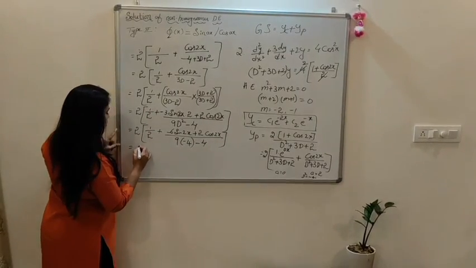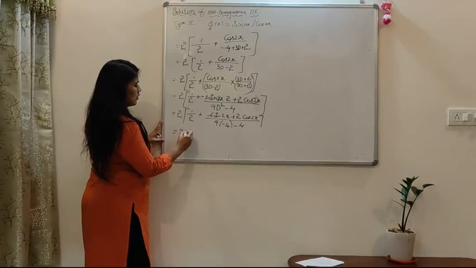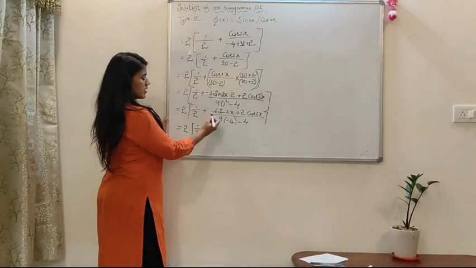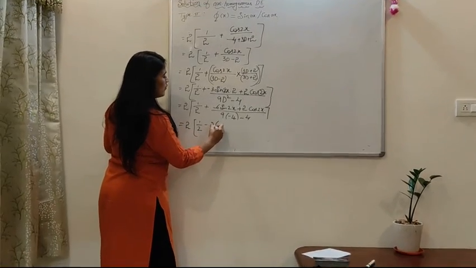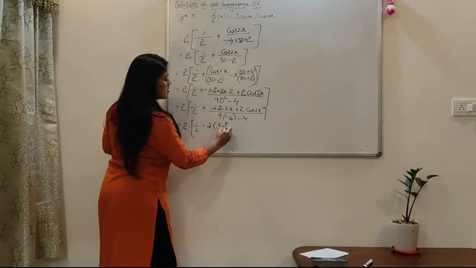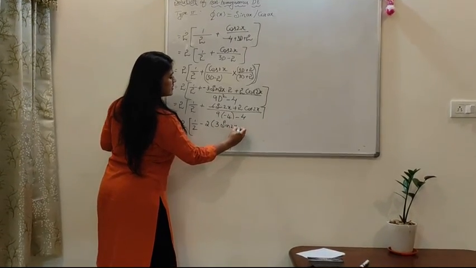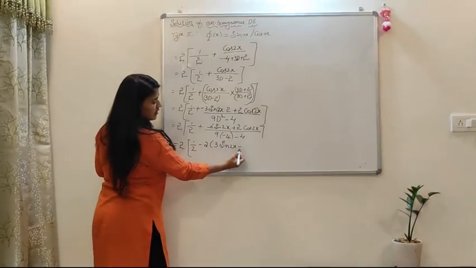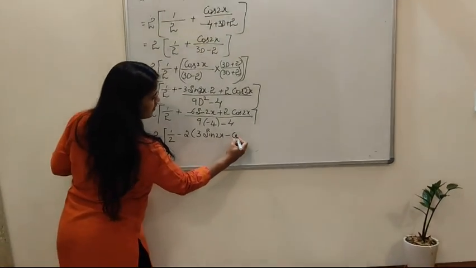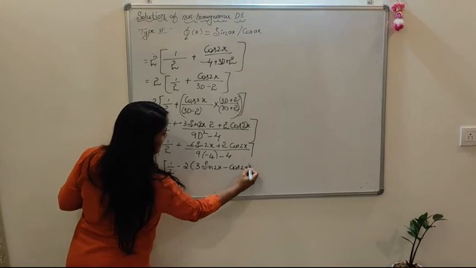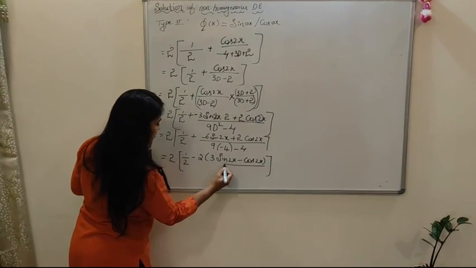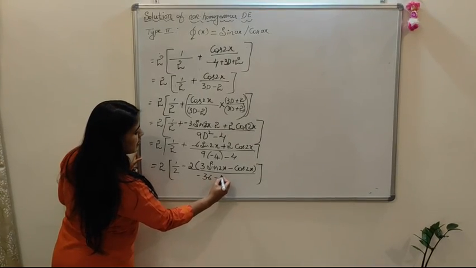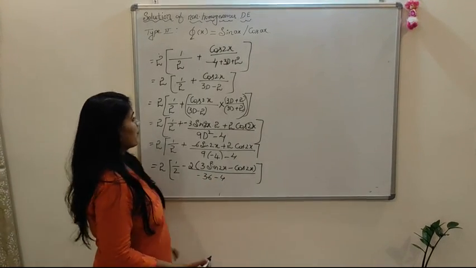So which is equal to, okay, next 2 of 1 by 2, minus is taken outside. So 2 of 3 is 6 sin 2x minus, because minus is taken outside, that's what here negative. So minus cos 2x of divided by 36, minus 36 minus 4. Okay.